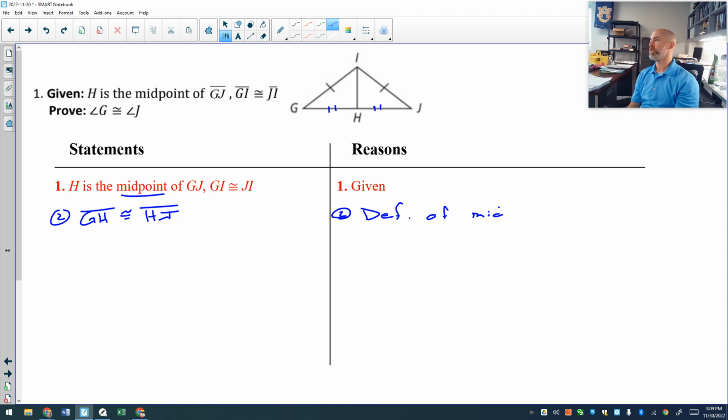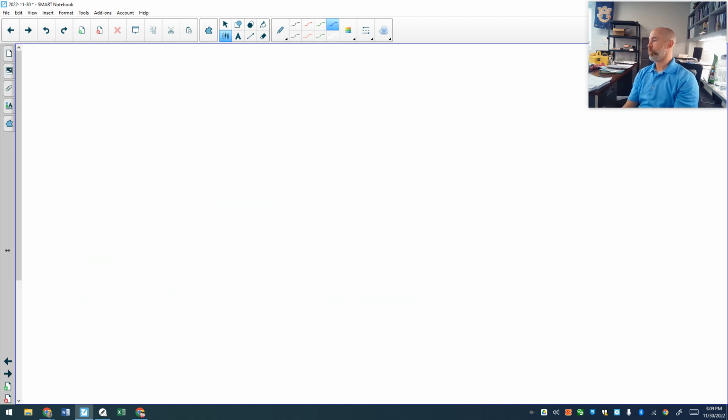Look at what we're trying to prove. We're trying to prove that an angle is congruent to an angle. We're not proving congruent triangles, right? So what we're going to do is first find congruent triangles.